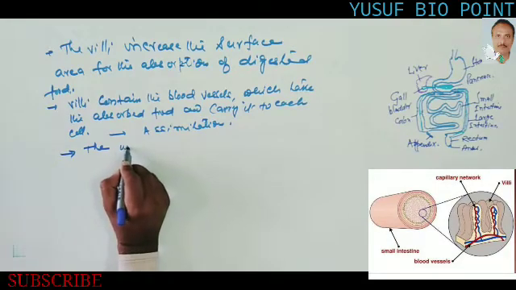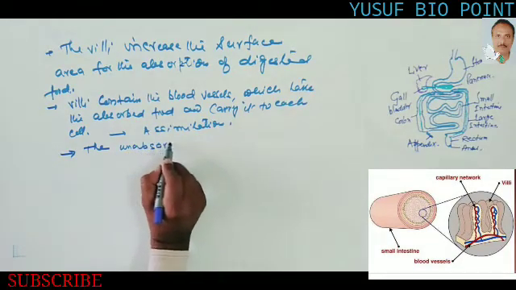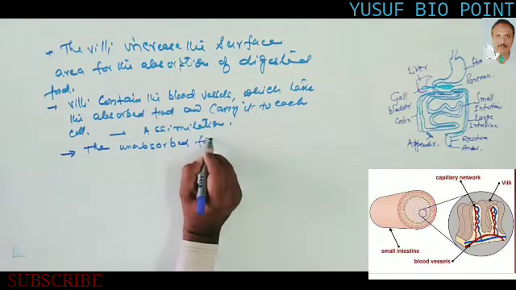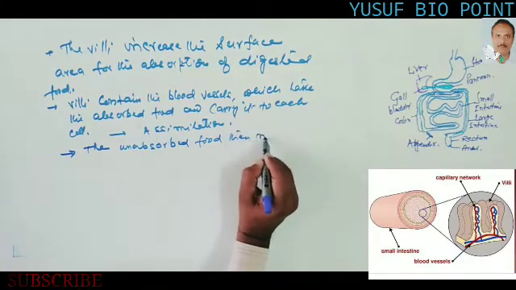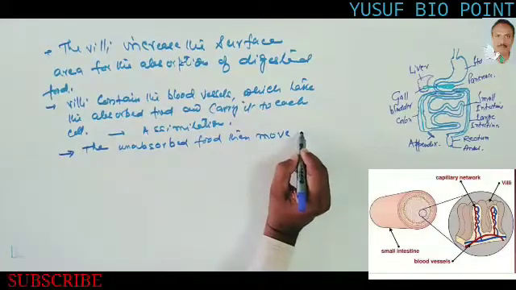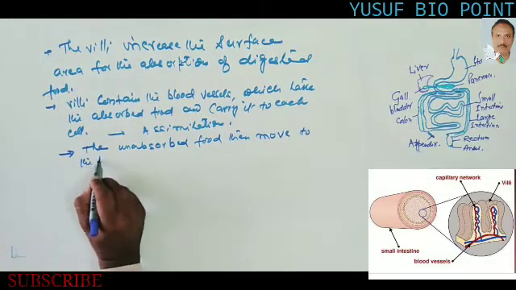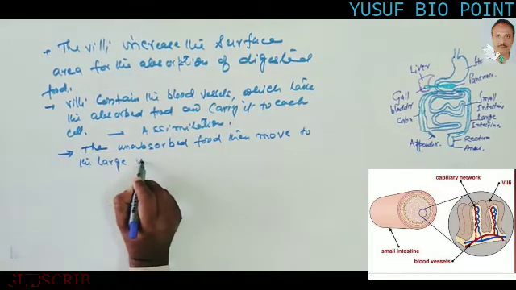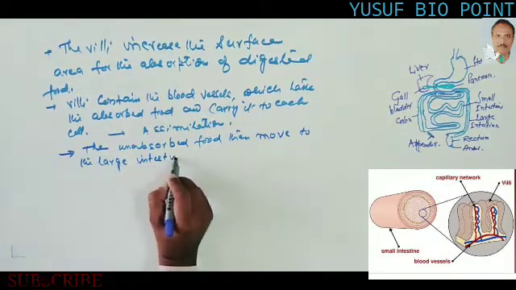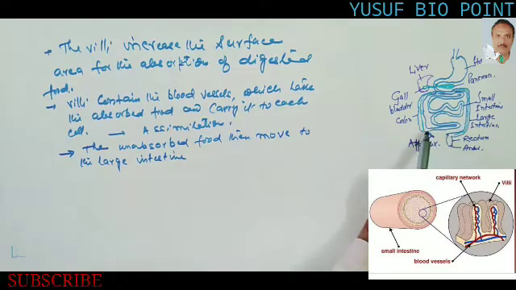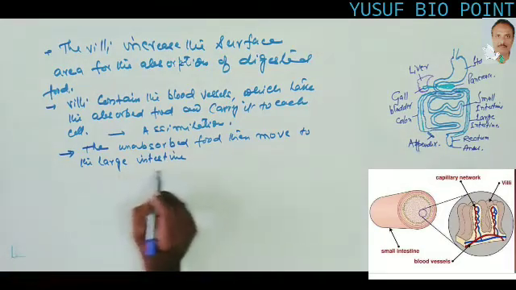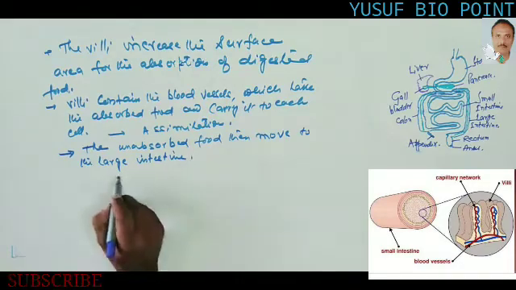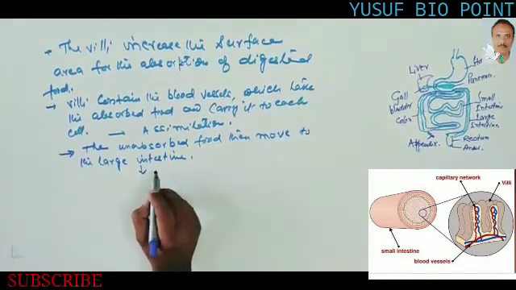The unabsorbed food then moves to the large intestine. This is the small intestine, and from here the large intestine starts, and the large intestine is divided into three parts.